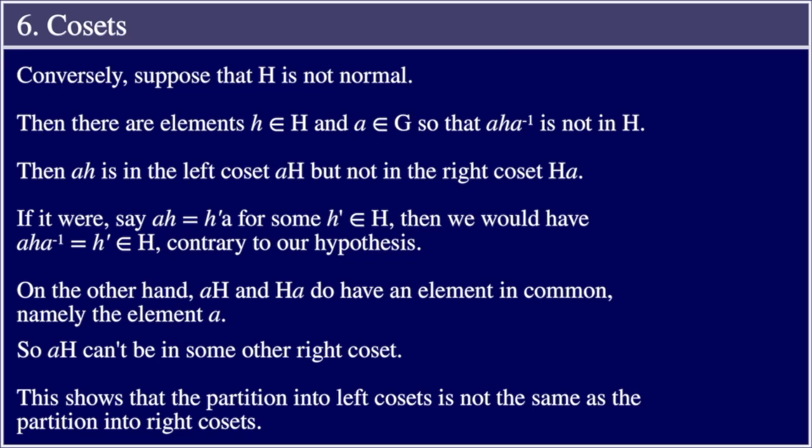On the other hand, aH and Ha do have an element in common, namely the element a, so aH can be in some other right coset. This shows that the partition into left cosets is not the same as the partition into right cosets.